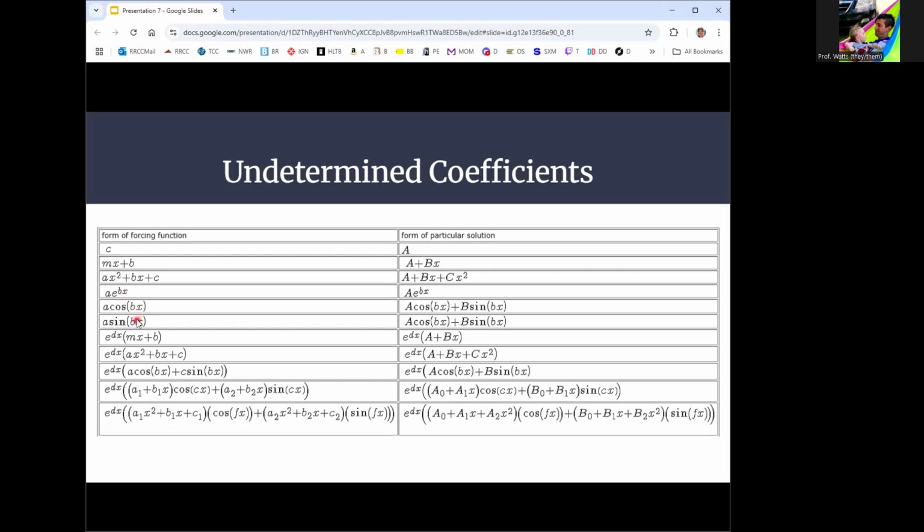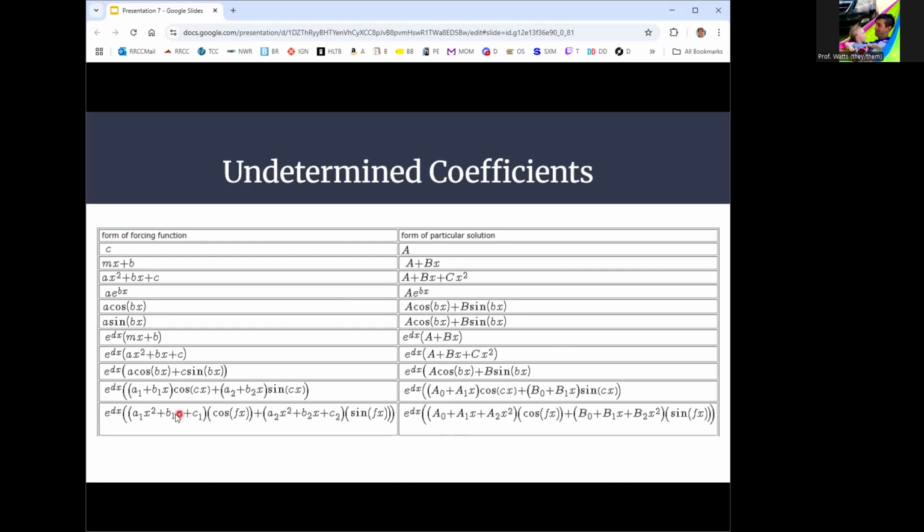Notice the lowercase letters staying the same, but rather the coefficients out front are what changes. So in the particular solution, these capital letters are the undetermined coefficients, and we would put the particular solution in with these undetermined coefficients, take derivatives, substitute it into the ODE, and then solve for those undetermined coefficients. That method is a little advanced and it's broken into two methodologies in this module.